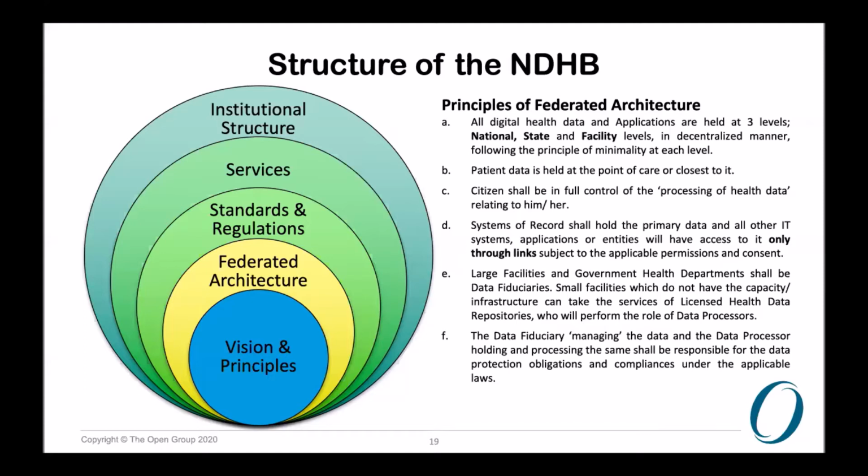Third is use of standards and regulations that are relevant in the health domain. Fourth is identifying priority services in the health domain, of course. And fifth is what is the institutional structure required to make all of this work. So these are the 5 key sections of the National Digital Health Blueprint.